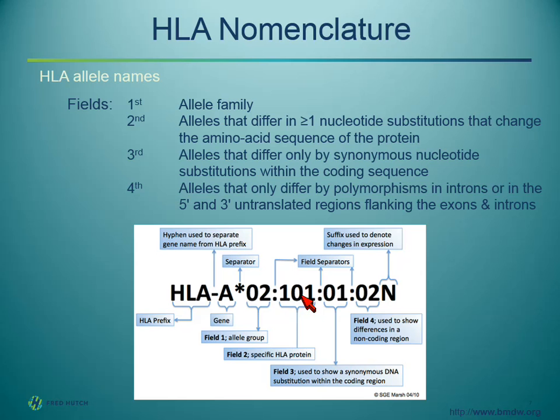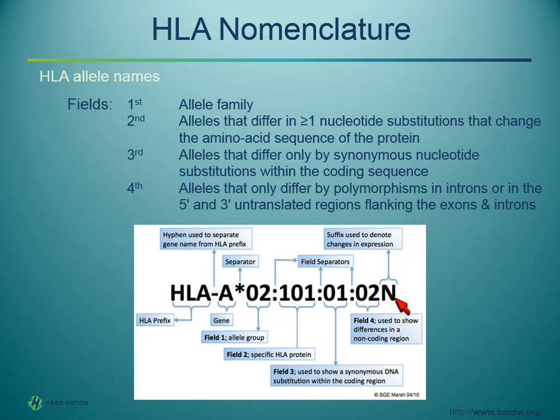This happens to be an 02:01:01. I should have picked one a little more common, like an A*02:01. You won't see the third and fourth fields. These are DNA substitutions in other places that are non-coding, like the field 4 non-coding regions. The field 3 changes are substitutions that don't change the protein.